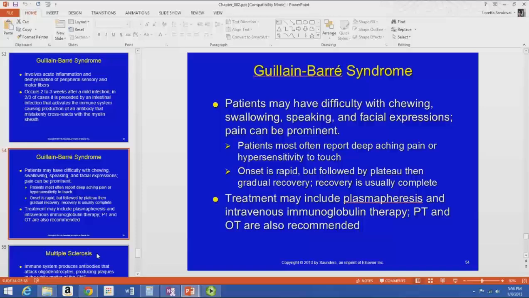They tend to gain their function back proximally first and then distally last. The people with GBS that I've worked with start to get their strength back, and it's usually their feet and ankles that come back last. It's really encouraging to work with them because they do get better, and we can really do a lot in PT to help them get better.